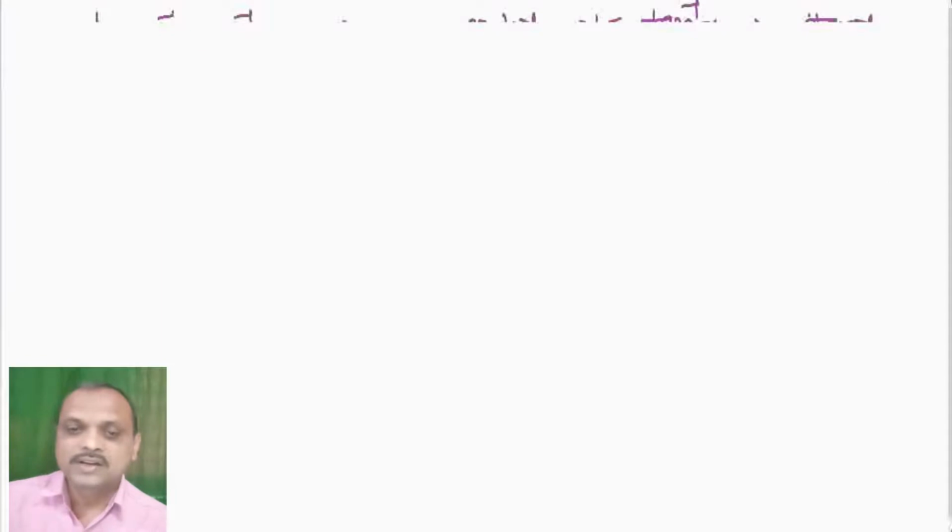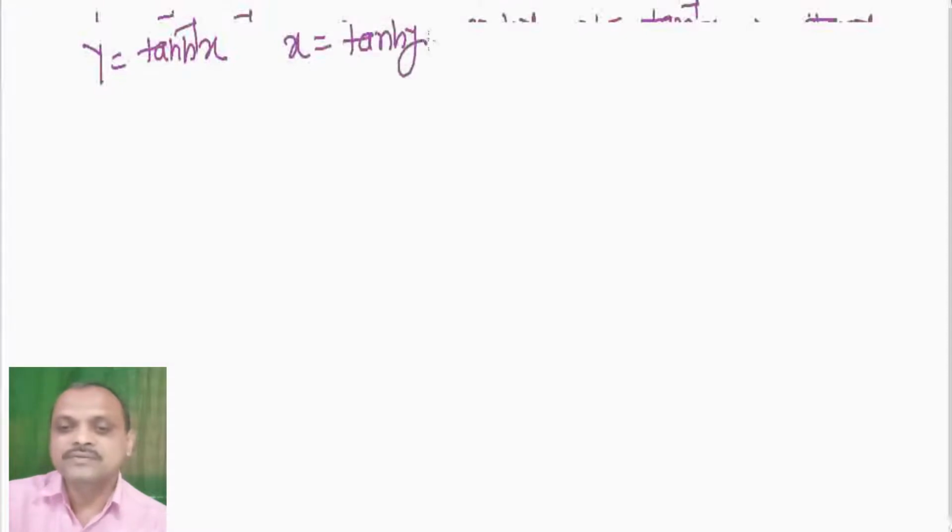So let us take the derivative of y equal to tanh inverse of x. Therefore x equal to tanh of y. Then dx divided by dy equal to sech square of y.